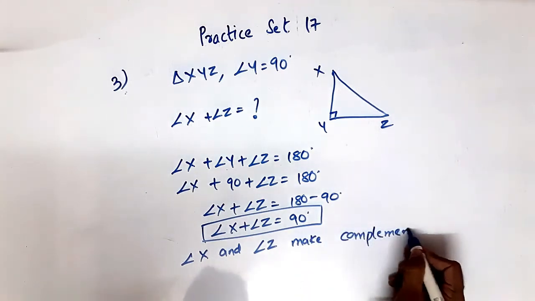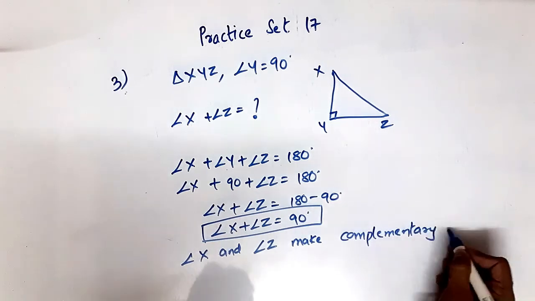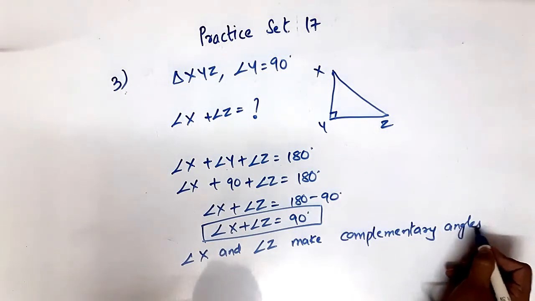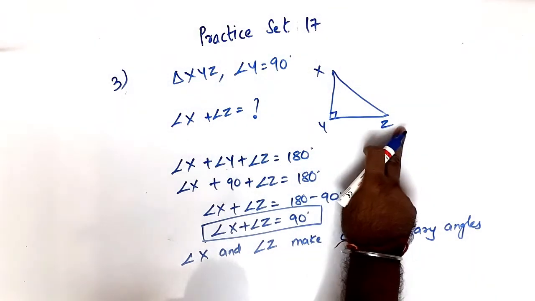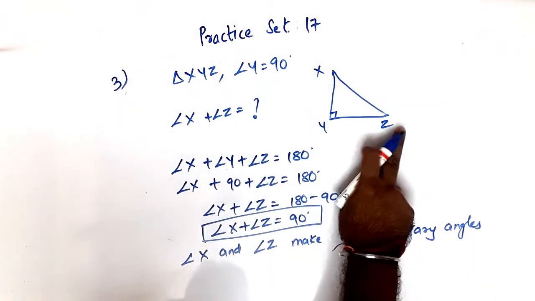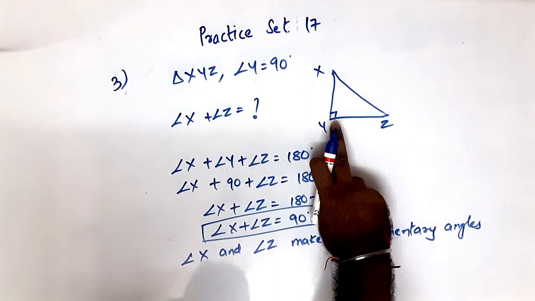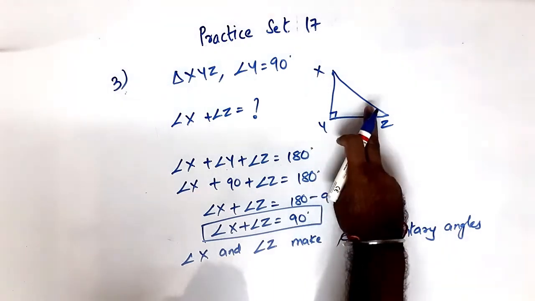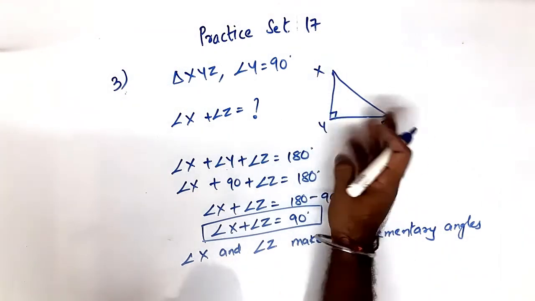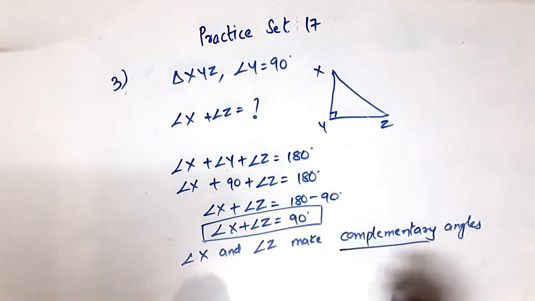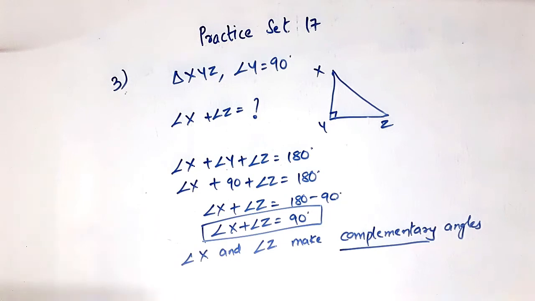Remember students that in a right angle triangle, one angle is a right angle, the other two angles form complementary angles. They always make complementary angles. Okay, let us move on to the fourth one.